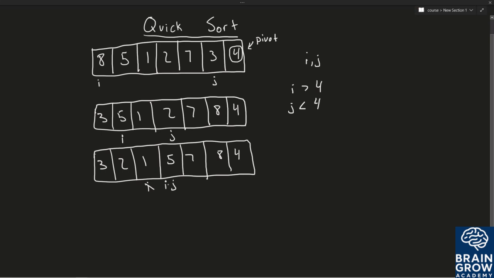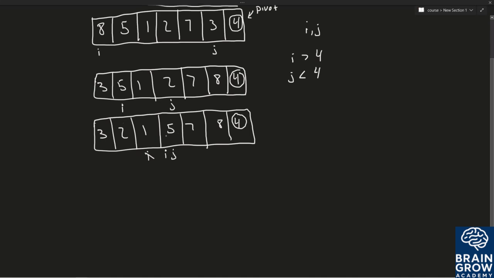Well, now we see that i and j are at the exact same position, which means that our pivot, and we'll just keep it circled so we know it's our pivot, actually goes here. So now we swap this 5 with our pivot. So now our array is 3, 2, 1, 4, 7, 8, and 5.